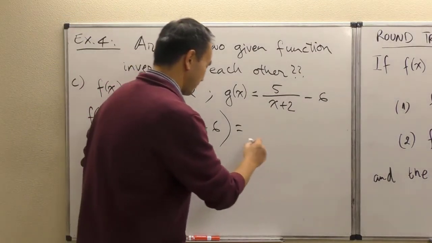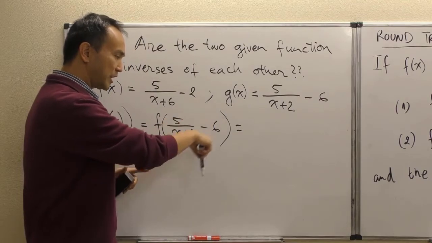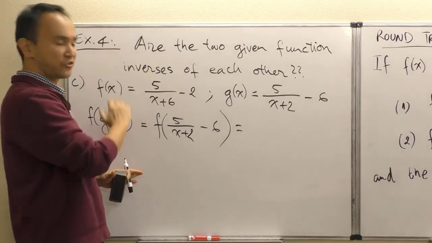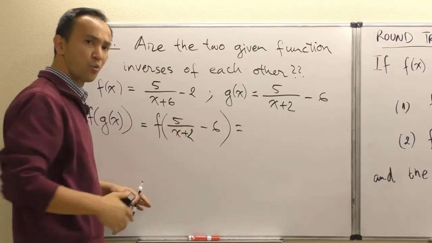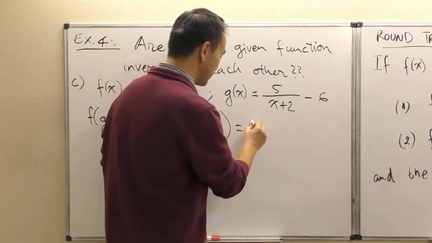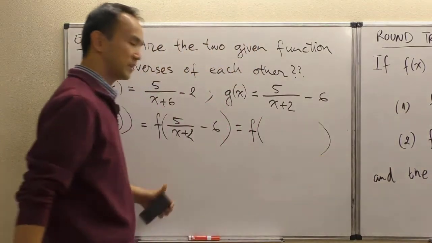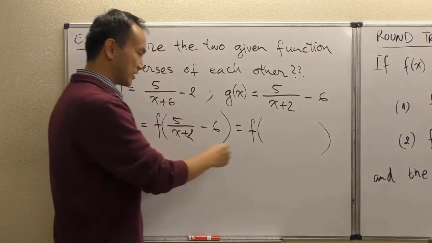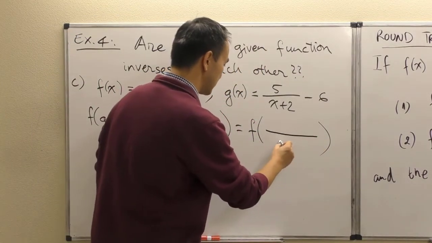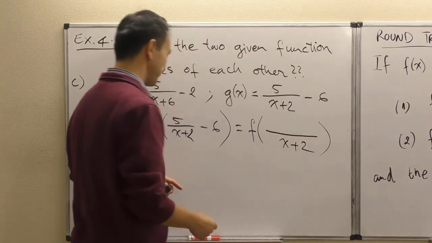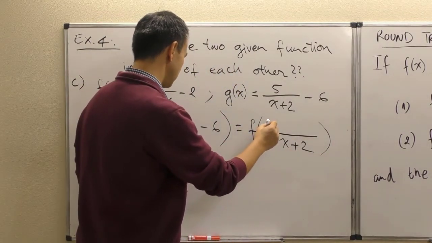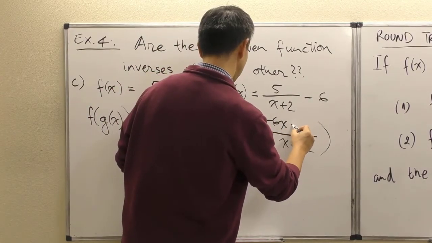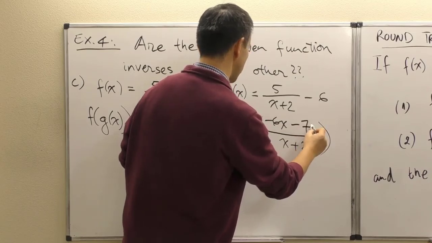So now I highly recommend making a common denominator and bringing these two terms together before I even plug that into my actual rule of the function. I recommend putting this as one fraction. I'm still writing it out in the form of f of the input. So 5 over x plus 2 minus 6, making a common denominator, we're looking at x plus 2 as the common denominator, and now I'm looking at minus 6x minus 7.